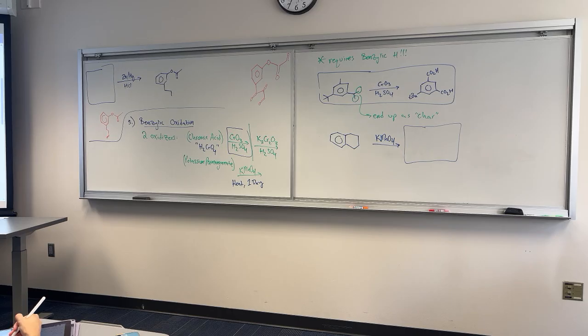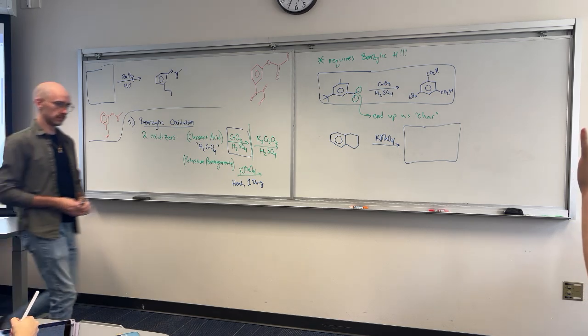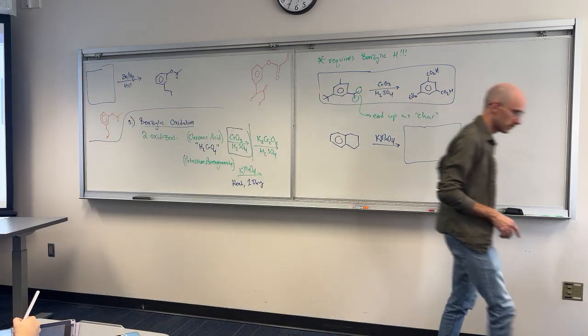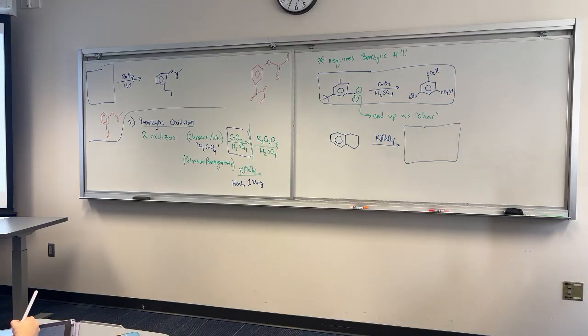Sometimes this would be worded as draw the major organic product, ignoring the other things. I presume there'll be a trend of most of the reagents are going to be in excess in this class. Yes. So should we assume that till you say otherwise? Yes, you should assume excess until otherwise. Good question.